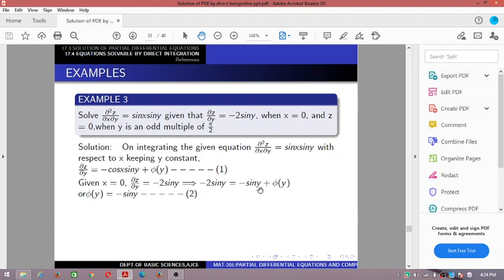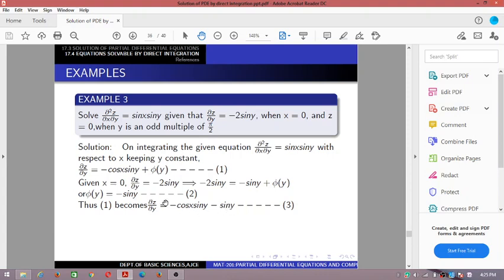As we transpose -sin y to the left, it becomes plus sin y. On simplification we get φ(y) = -sin y. Therefore equation 1 reduces to ∂z/∂y = -cos x sin y - sin y.